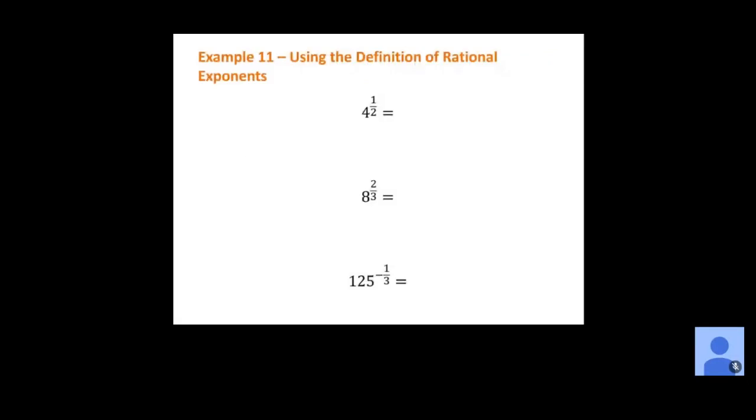All right, so let's actually do an example here. So we got 4 to the 1/2 power. So we want to rewrite that fractional exponent using radicals now, and then we'll simplify where we can. So what is this one going to look like if we rewrite 4 to the 1/2 power using radicals?